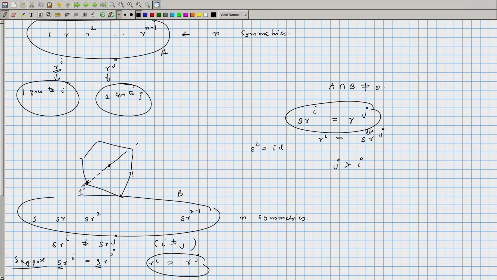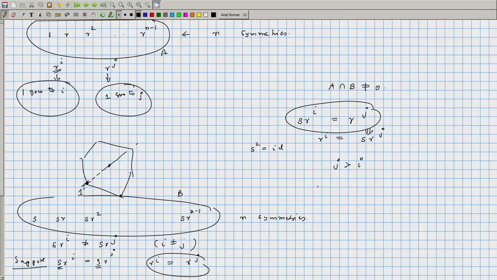If we had done rotation by 2 pi by n times i in one case and 2 pi by n times j in the other case, we can reduce the number of rotations by the smaller amount. So, we can argue that S must be equal to r raised to j minus i. But this clearly cannot happen. S is a flip, r raised to j minus i is some rotation.